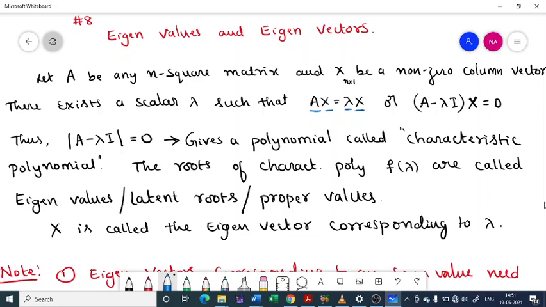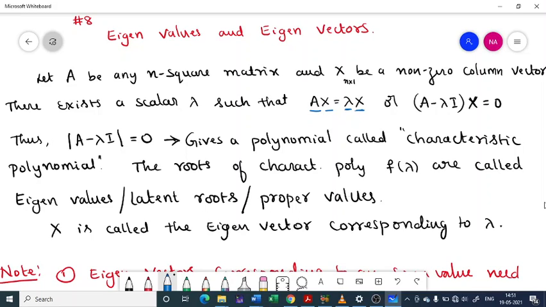Most of the time we may not find such a lambda, but there is a possibility that a scalar lambda exists satisfying the condition Ax equals lambda x. Then it can be written as Ax minus lambda x equals 0. Then taking x as a common factor, you will have (A minus lambda I) into x equals 0.